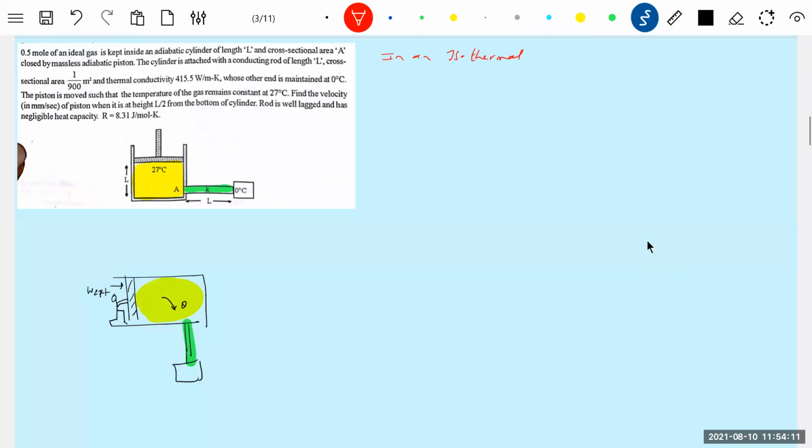In an isothermal process, a thermodynamic system, the gas itself, converts mechanical work to heat, or vice versa. Any limit? There's no limit.